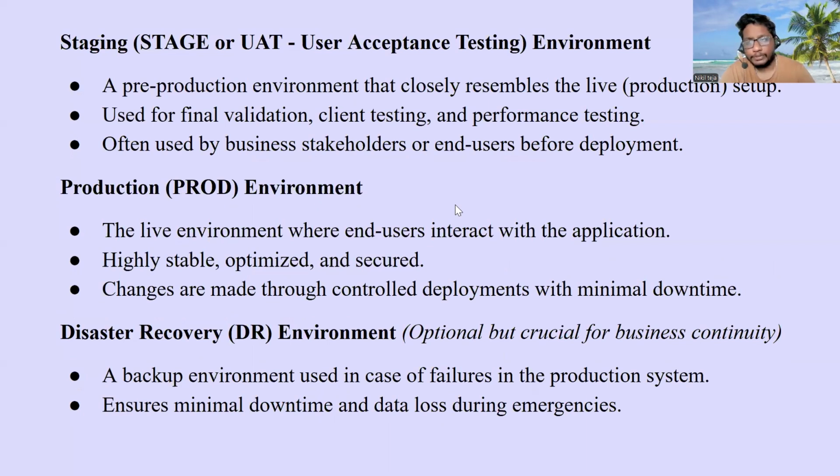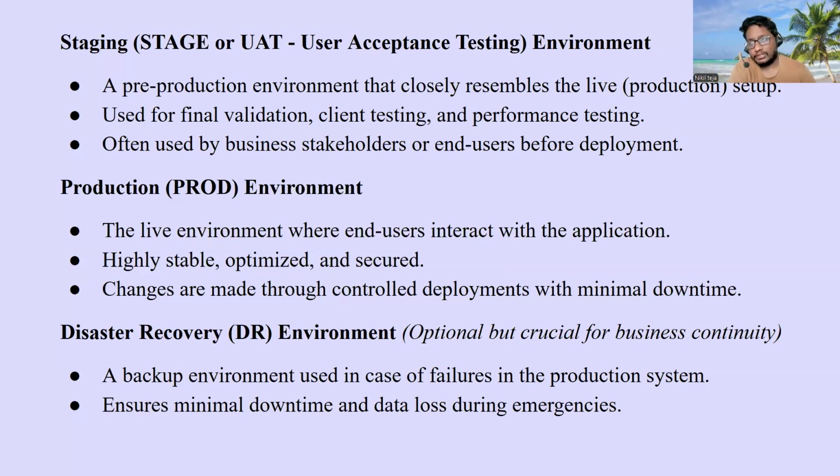Next is the staging environment or UAT environment. A pre-production environment that closely resembles the live production. UAT testing is nothing but you will be doing the test with the actual users before releasing it to the real world. It is used for final validation, client testing, and performance testing.